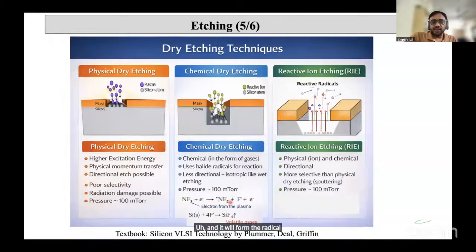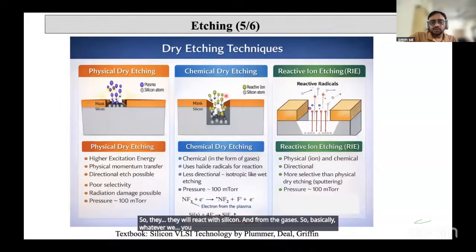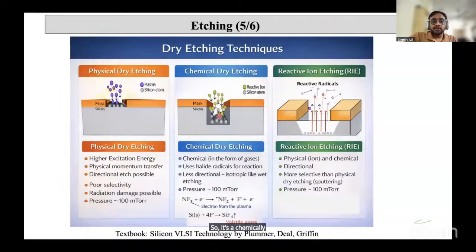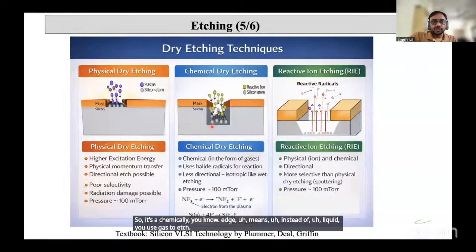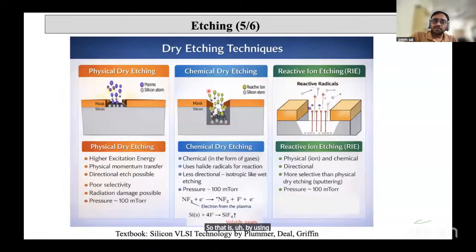The radicals are highly reactive, even for human beings. They will react with the silicon and form gases. So it's a chemical etch, meaning instead of liquid, you use gas to etch, by using radical chemistry.